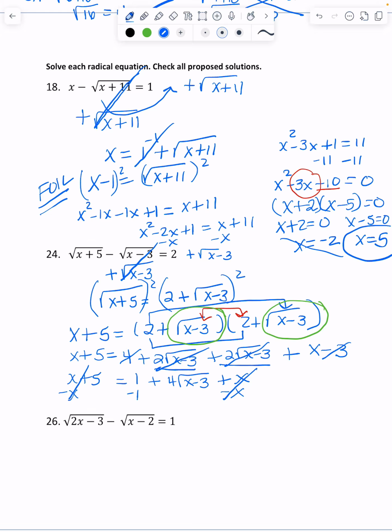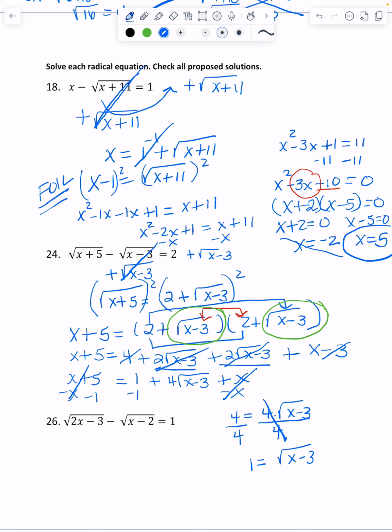If I try to move the 1 over, just trying to isolate the variable, I get 4 equals 4 times the square root of x minus 3. This means 4 times the square root of x minus 3. I can divide both sides by 4. That's going to cancel out. 1 equals the square root of x minus 3.